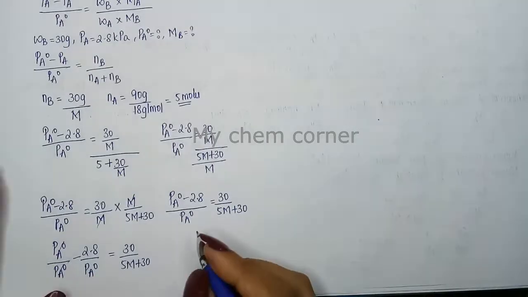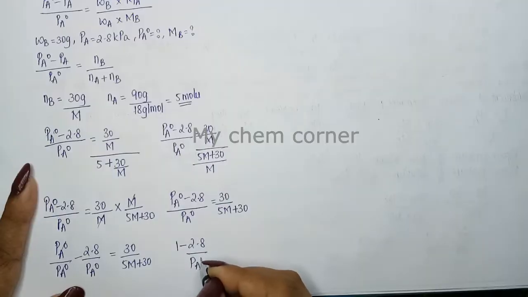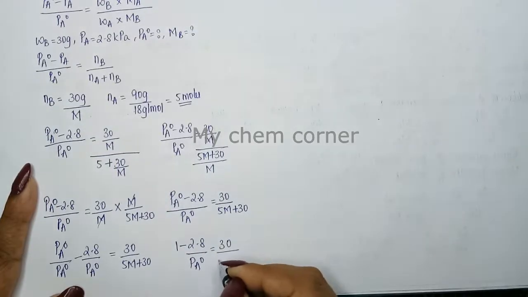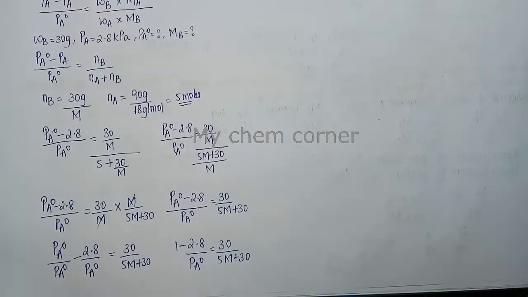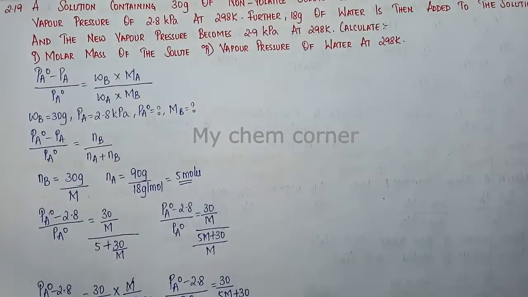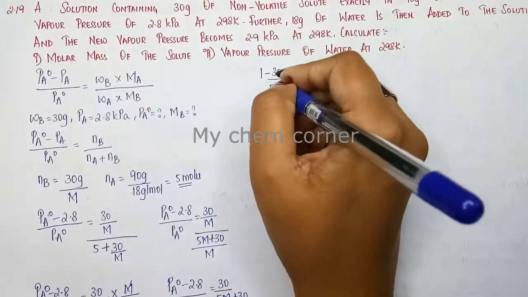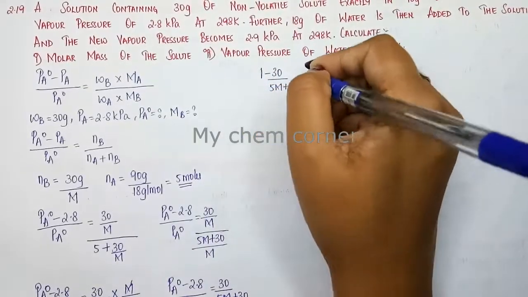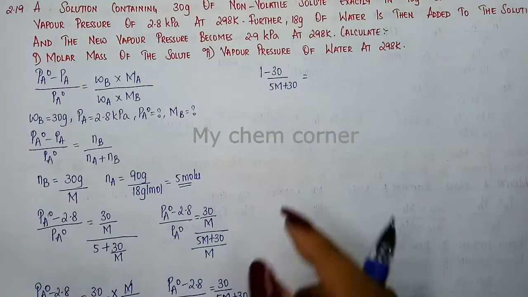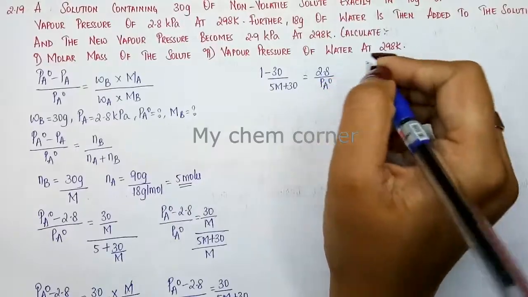PA naught and PA naught will get cancelled, so that will become 1 minus 2.8 by PA naught equals 30 by 5M plus 30. Now what will happen is 1 and this entire thing will be taken on one side. So when I do that one right now, I will get 1 minus 30 by 5M plus 30, which is equal to, the remaining part, 2.8 by PA naught. That will go on the right hand side.